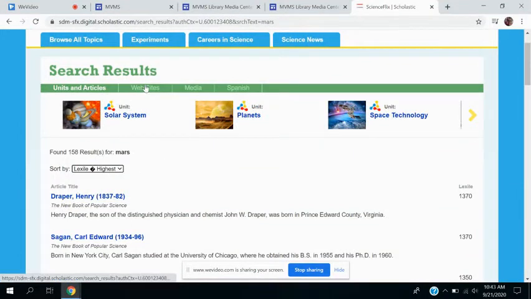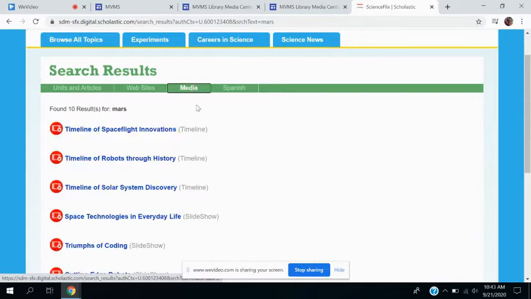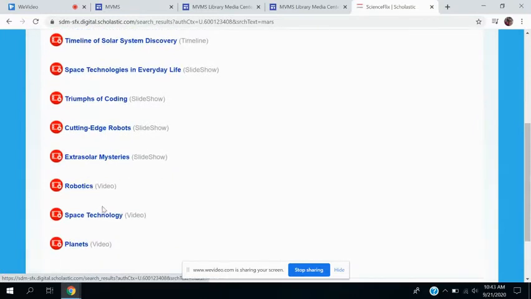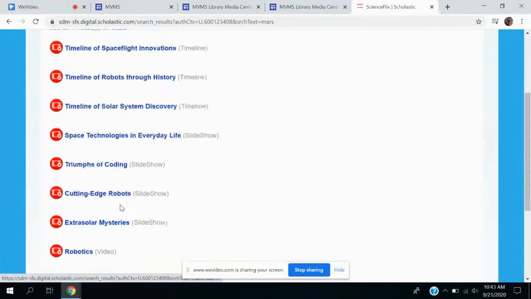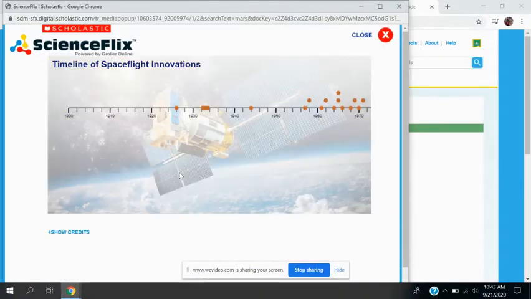You'll also notice there are websites and media. Within the media, that's really cool. These are timelines, interactive slideshows or videos. What I like about this is that these are really fun for research because they're interactive.